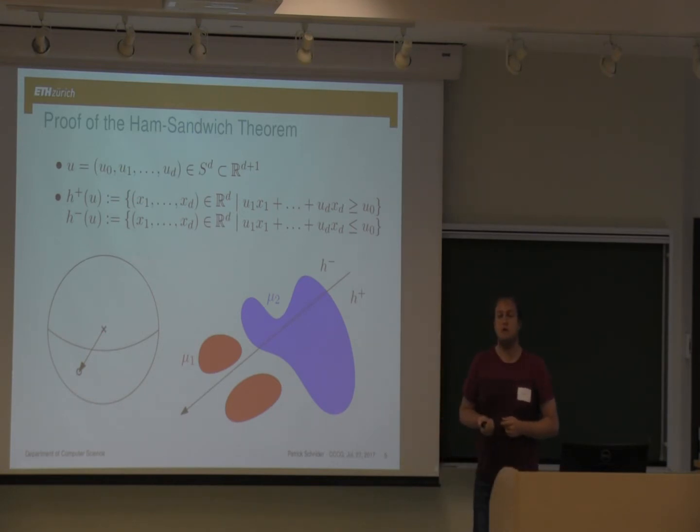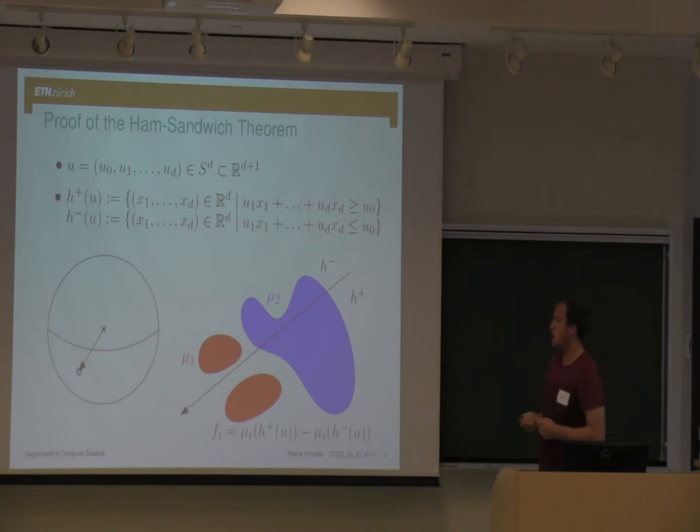Okay? So what we can now do is, for each mass distribution that we have, and for each point on the sphere, we just take the mass that lies in the positive half plane, defined by this half plane up here, minus the part in the negative one. And this is going to give us d different functions, all of them just a real number.